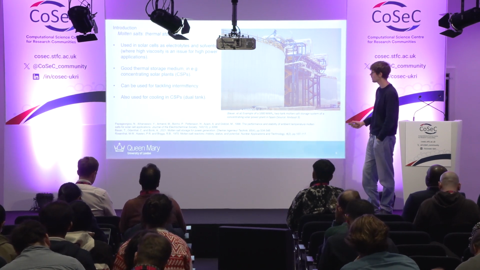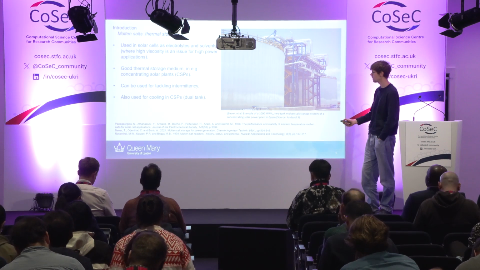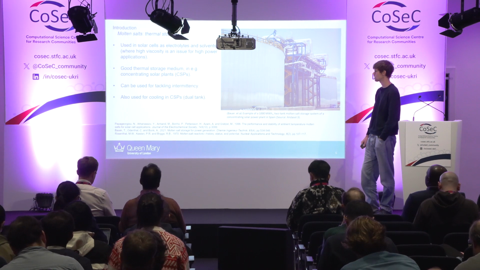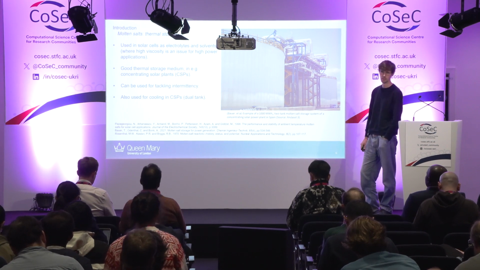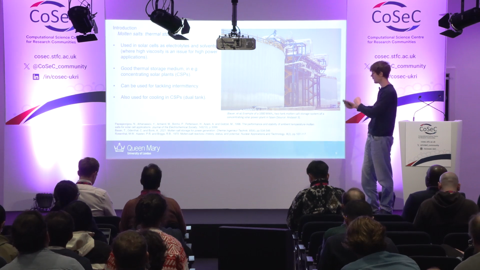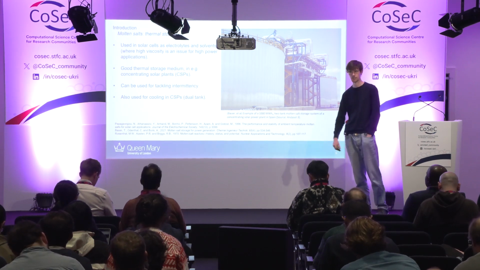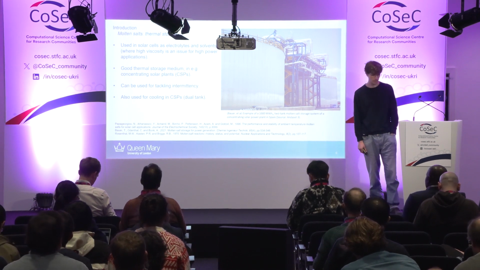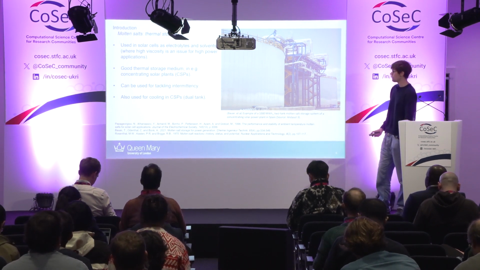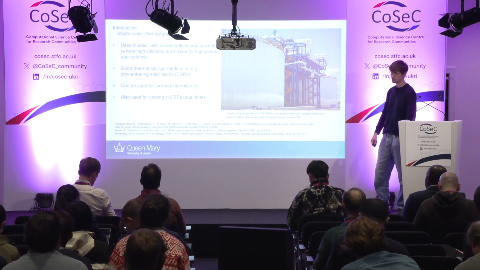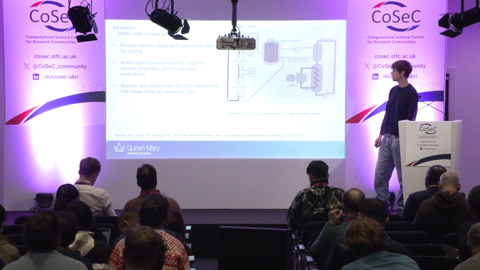They're also a good thermal energy storage medium, which can be useful with renewable applications such as concentrating solar plants, where you can essentially store the thermal energy in the molten salt, which can then be extracted later when it's needed, which can help to combat intermittency, for example. And they're also used for cooling in Joule systems, which is what this picture is showing here.